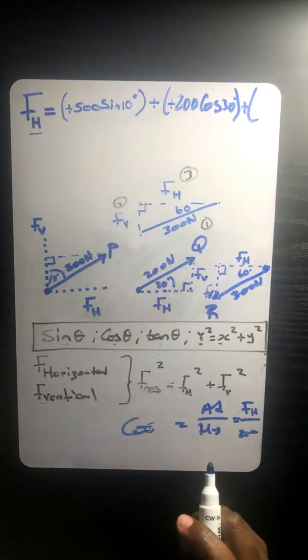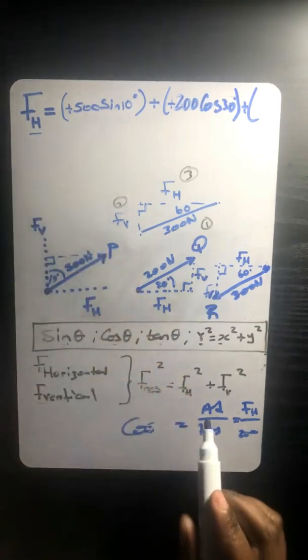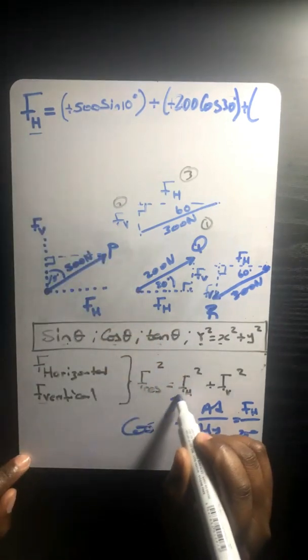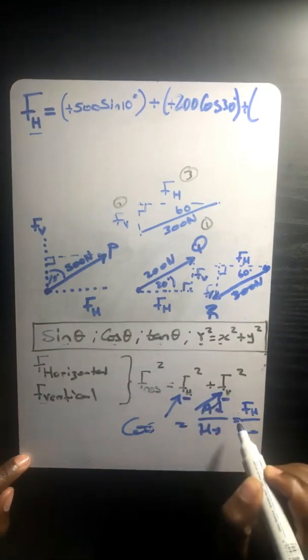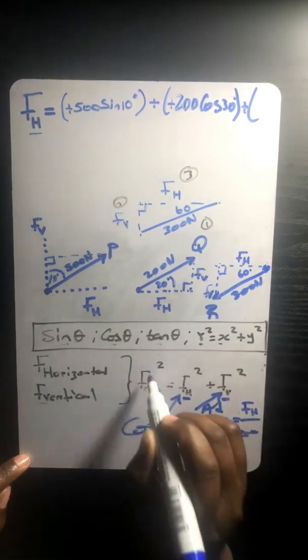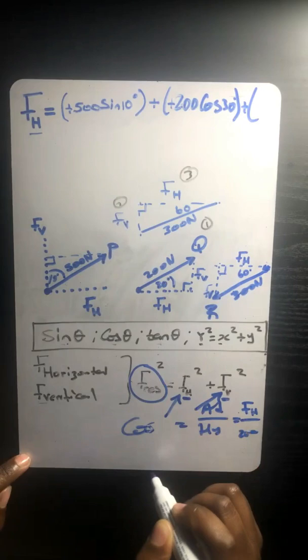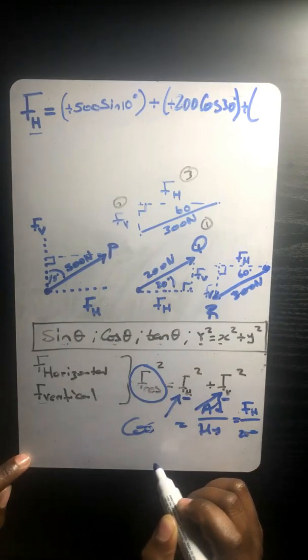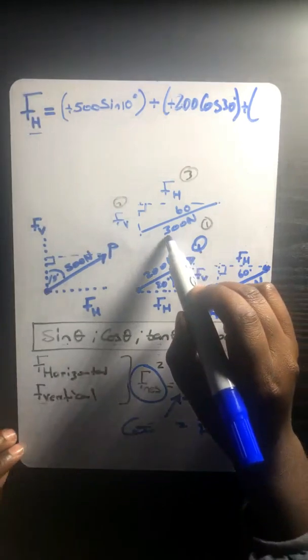But in short, I think it will make perfect sense when I say the procedure is that we firstly find FH. When we are done, we come for FV. Then once we have both, we use this formula to calculate the resultant force. So in this case it is going to be 300 cos of the angle.